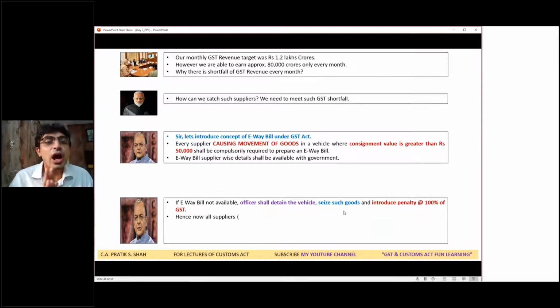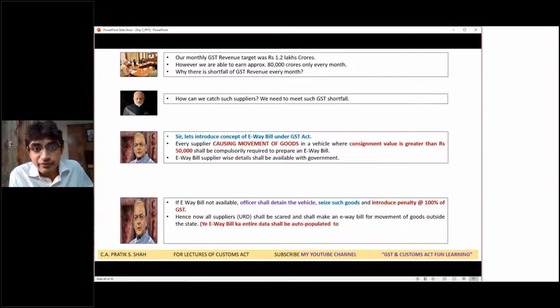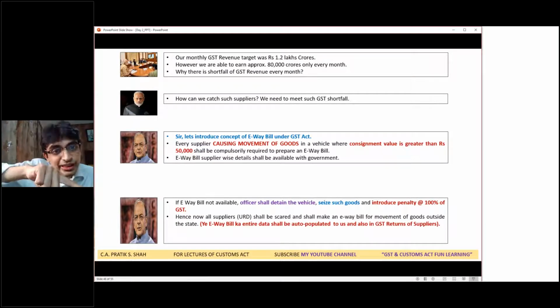Hence now all the suppliers are scared. They all started making e-way bills, because their vehicle will be detained. And whosoever started making e-way bills, the entire data got auto-populated with the government.